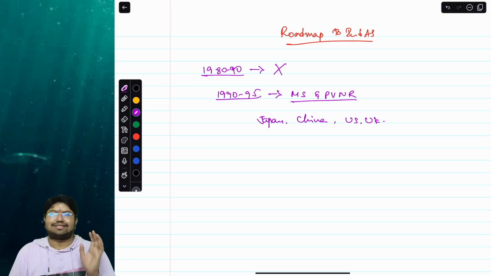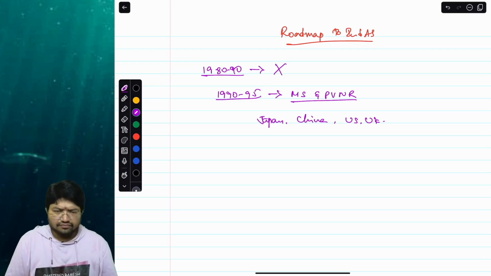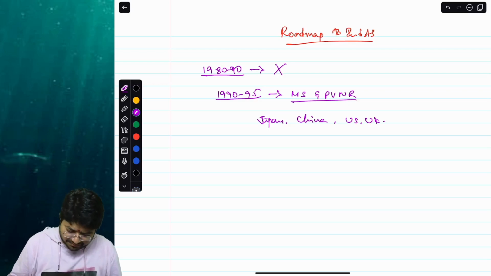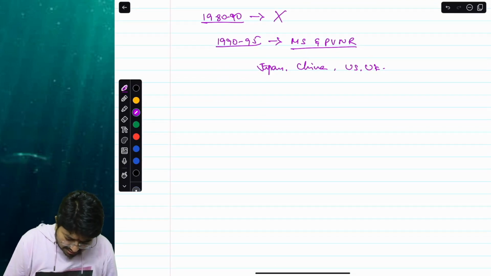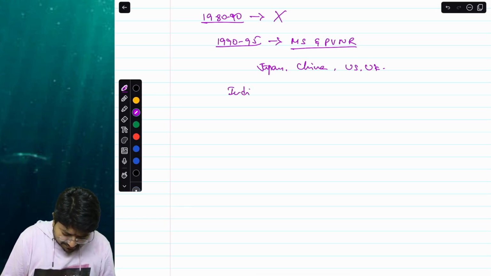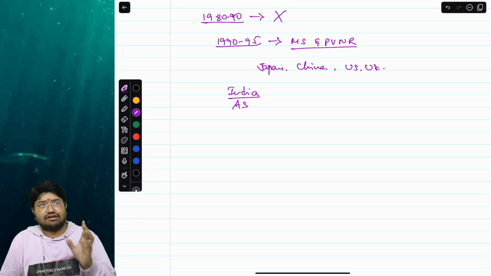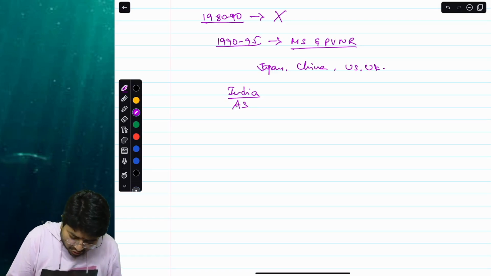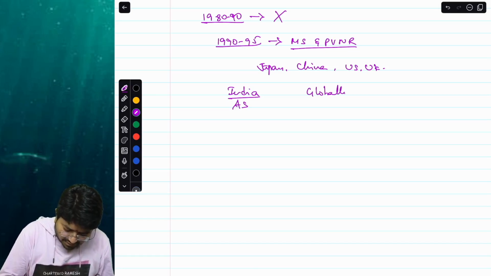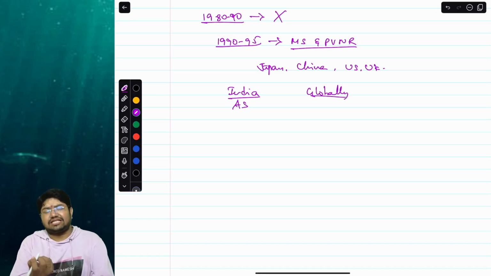Once this started, the difficulty they saw is, in India we have a set of accounting standards. But globally there is something else which is being followed.